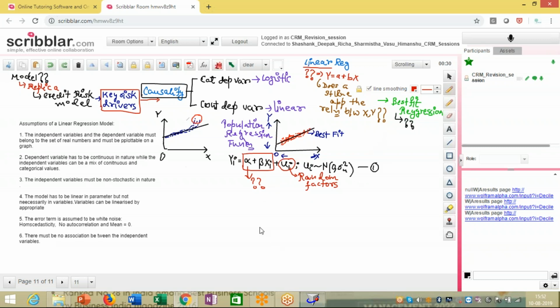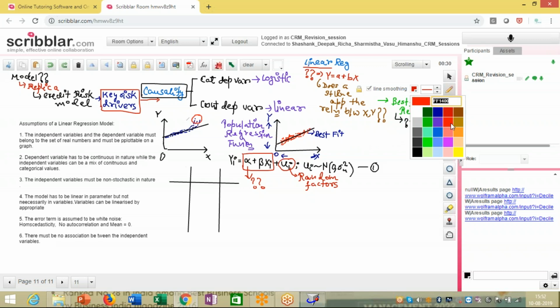Let's say I have data on exposure on one side and utilization on the other. There is EAD.